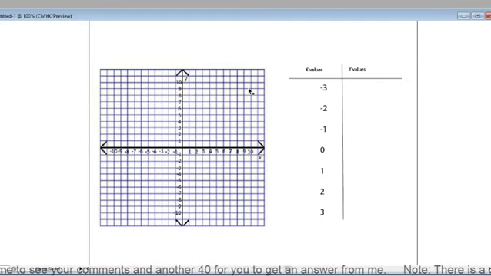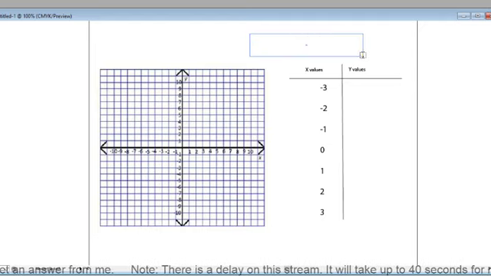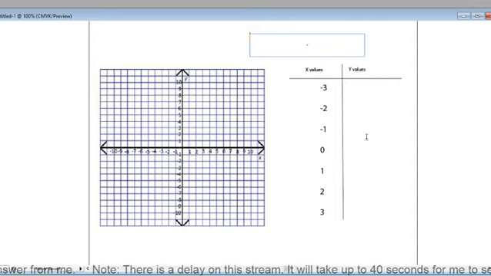Okay, so I've got another grid down here. And don't worry about this right now. Let's just take a look at a function. Like I said, a function is going to be some kind of thing that has two variables, y and x.